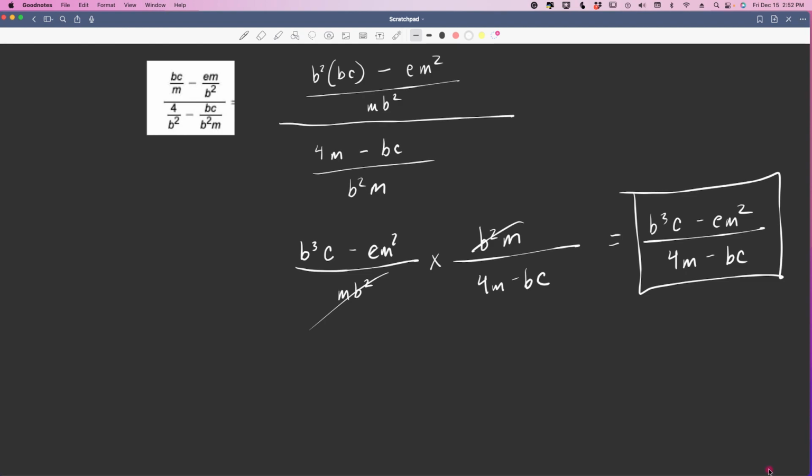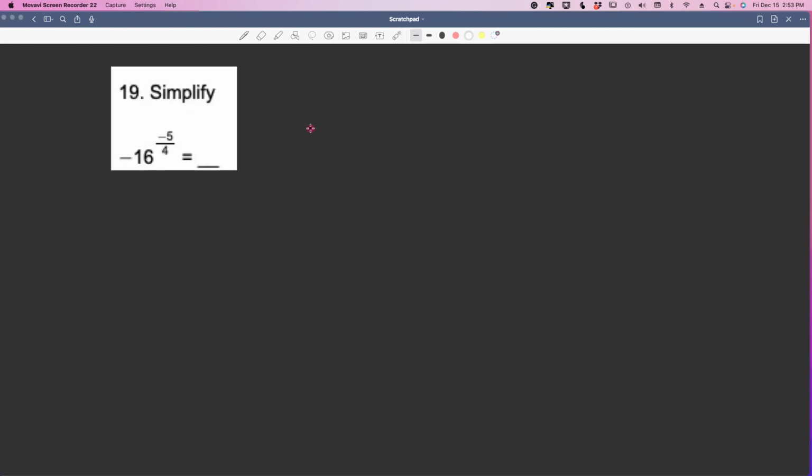All right, moving on. All right, 88%. That means 14 of y'all got this right. Good job. Very good job. So we're going to rewrite this in the way that we need to in order to solve for this: negative 16 to the negative 5 in the 4th.